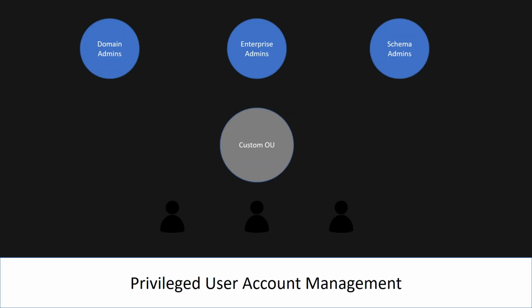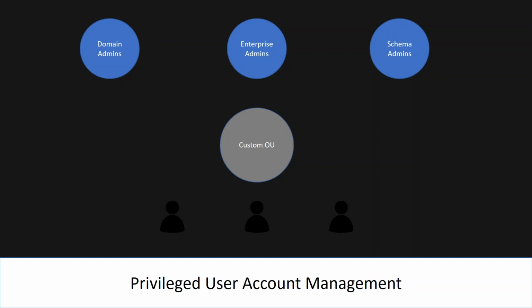So on the screen, you can see what I call the three main privileged groups in Active Directory. And it is these groups that I recommend you use for giving privileged access to domain controllers when it's needed.